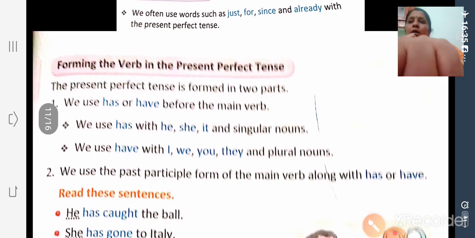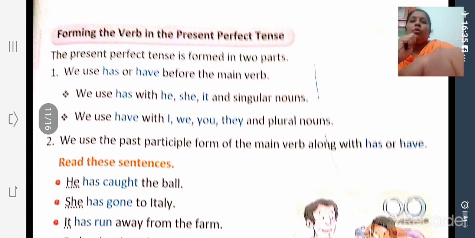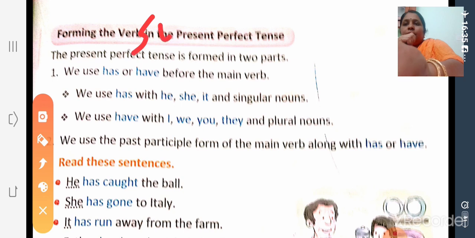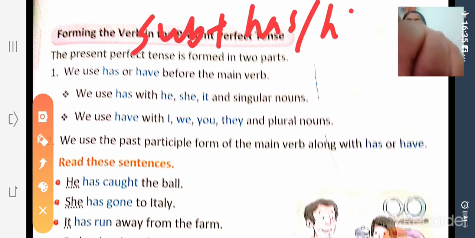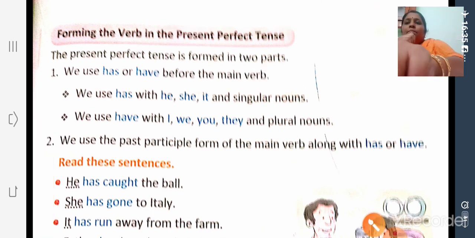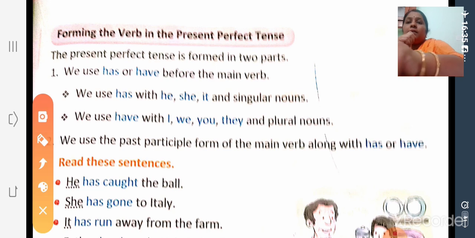Then forming the verbs, form of present perfect tense. Subject plus has or have plus V3, past participle form.